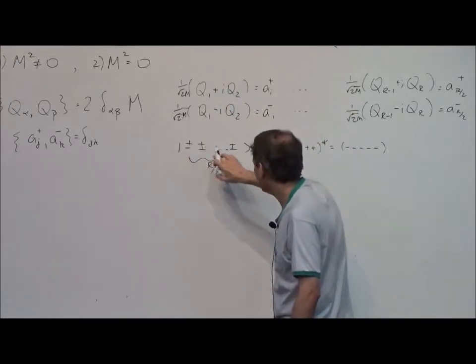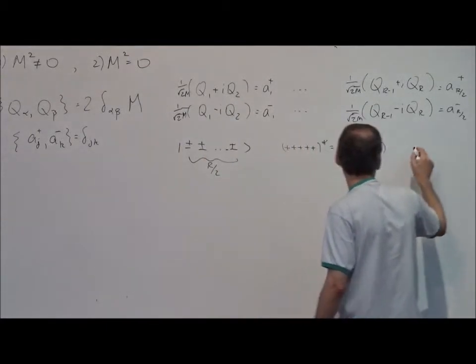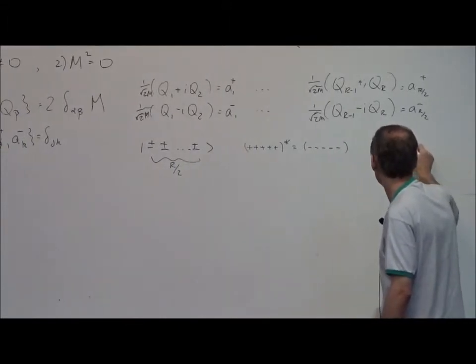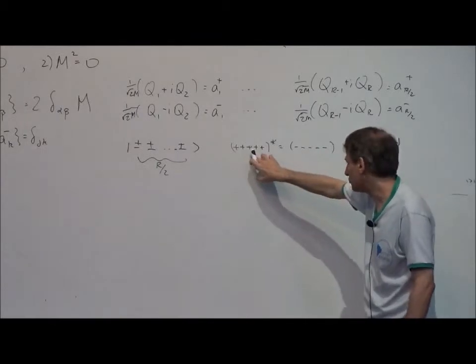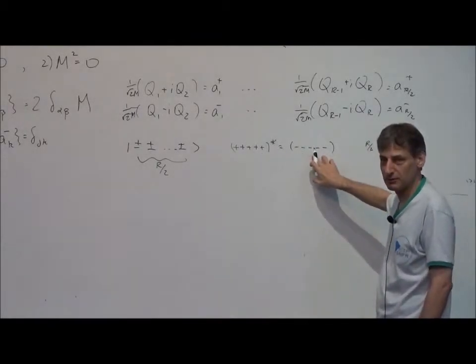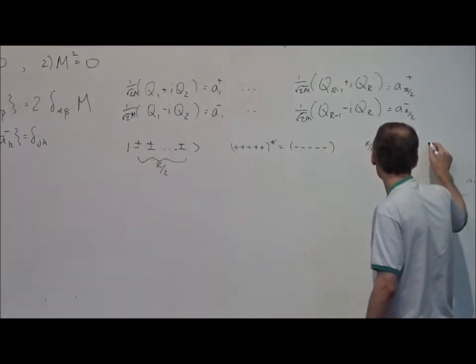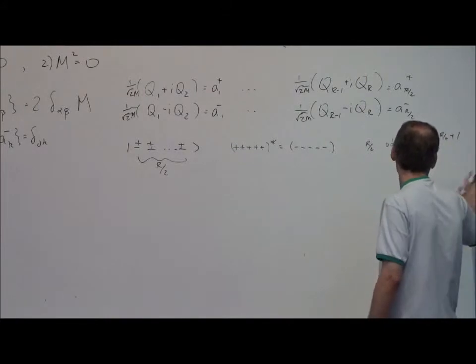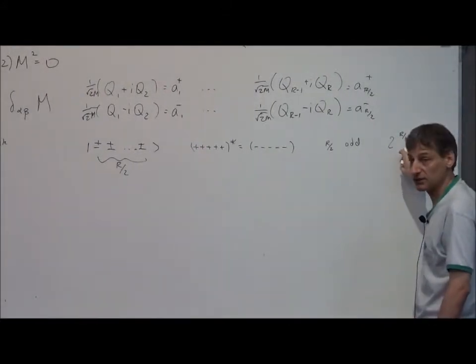So if you have an even number of plus and minus signs, if R over 2 is even, which is not the case here, if R over 2 is odd, this is impossible, because this is a boson and this is a fermion. So when R over 2 is odd, you get twice as many. So you have 2 to the R over 2 plus 1, because it has to be complex. So these are the number of states.